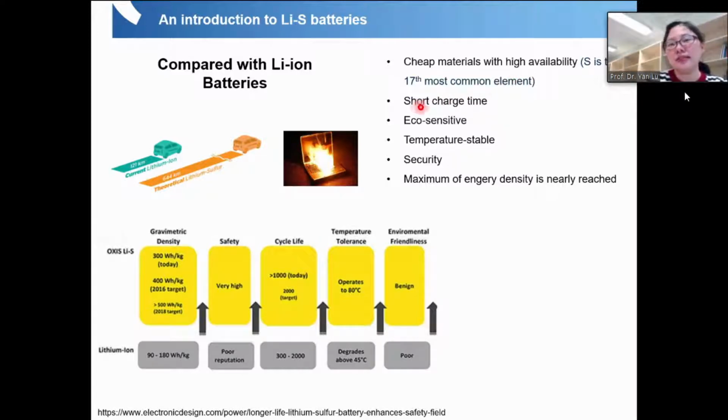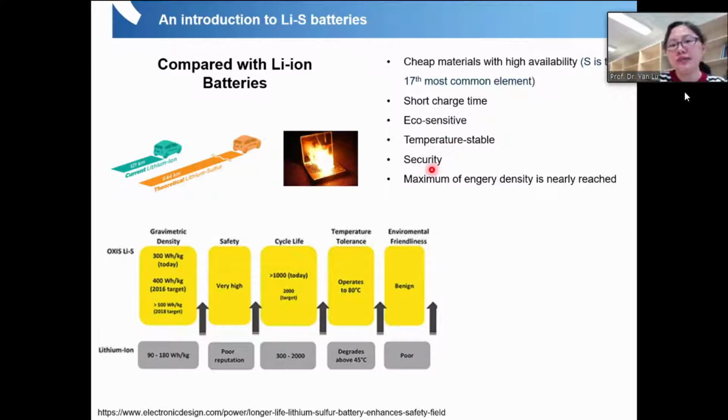And also for the lithium sulfur battery, you need a relatively short charge time. So it means you do not need to wait until the battery is fully charged. And of course, in this case, you have very good eco stability for the lithium sulfur system. And also, the lithium sulfur battery can operate at relatively high temperature, so they are temperature stable.